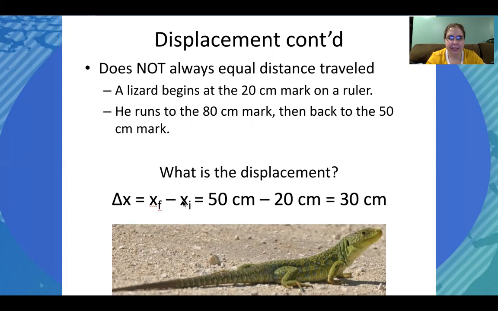So where did he start? He started at the 20 centimeter mark. Where did he end up? He ended up at the 50 centimeter mark. So what was his displacement? He started at 20, he ended at 50, 50 minus 20, was final minus initial, and you get 30 centimeters.